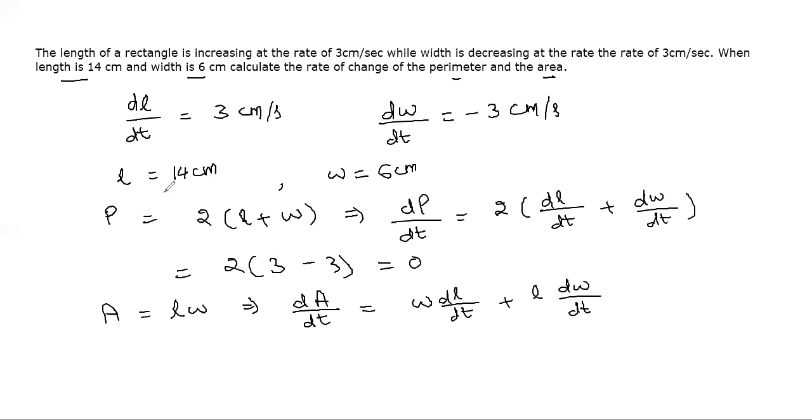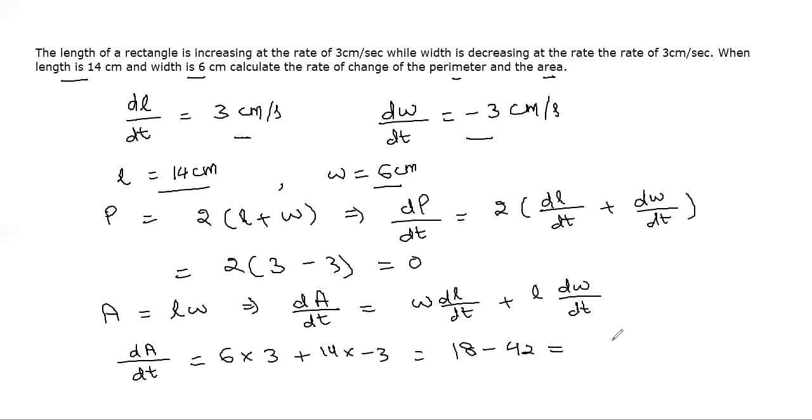At the instant when the length is 14 centimeter, width is 6 centimeter, and dL by dt is plus 3 and dW by dt is negative 3, the rate of change of area, that is dA by dt, is 6 into 3 plus 14 into negative 3. It will be 18 minus 42, that is negative 24 centimeter square per second.